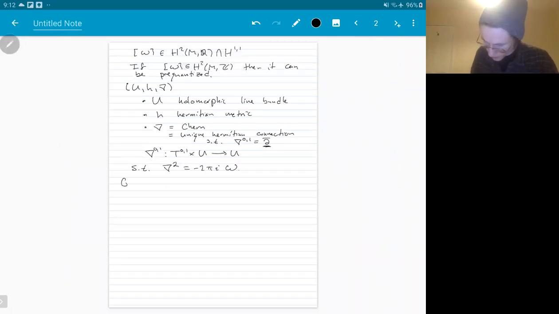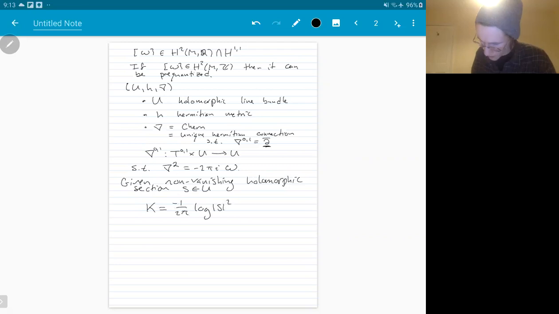So then, given a non-vanishing holomorphic section S, we get a Kähler potential. What we can do is define K to be some factor times the logarithm of the norm squared of S. So this is the norm squared with respect to the Hermitian metric.